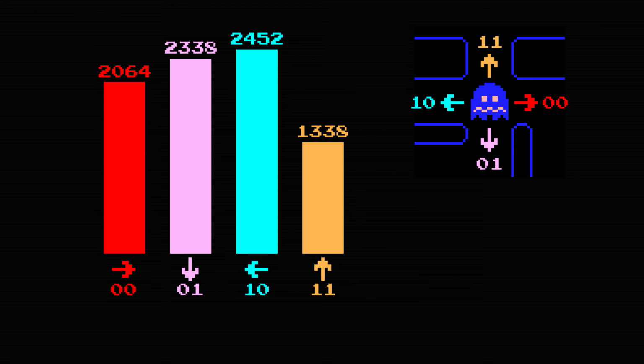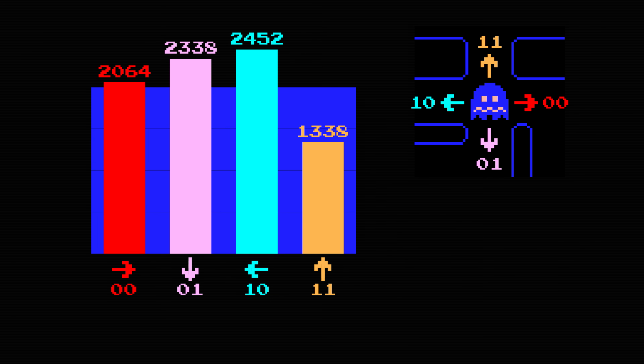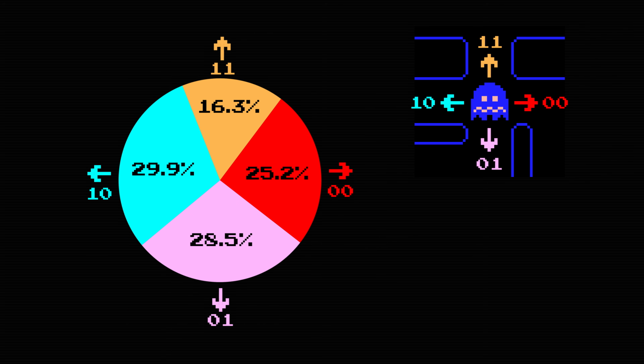Okay, that's a little better, I guess. I mean, the last distribution set a really low bar to beat. You would expect a uniform distribution to output each of the 4 options 2,048 times out of 8192. While the 00 bits corresponding to right are almost there, the others are just way off. The bits 1, 1 corresponding to up are only 1,338, which is just 16.3% of the total.